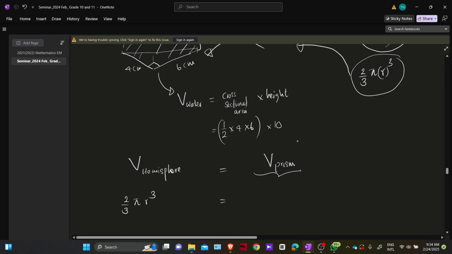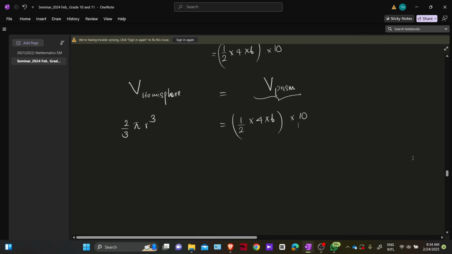Water volume of this prism is given by half times 4 times 6 into 10. Now look here, the unknown term is r, and r is raised to 3. Let's try to simplify. I can simplify 2 with 4 as 2 here.